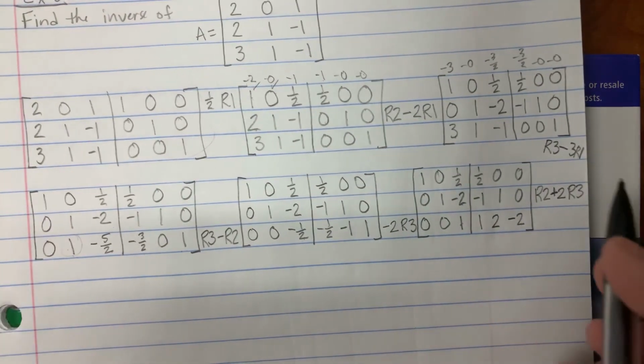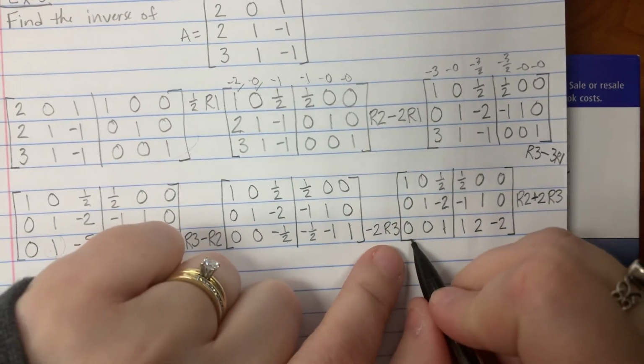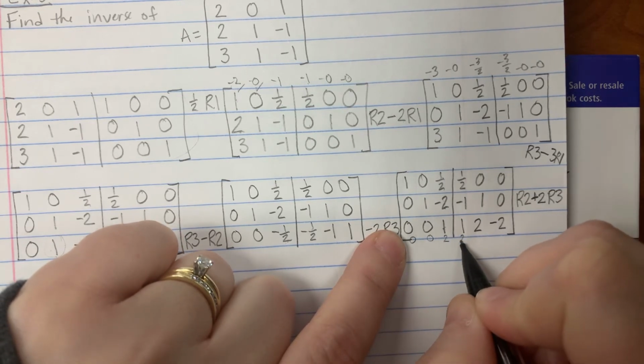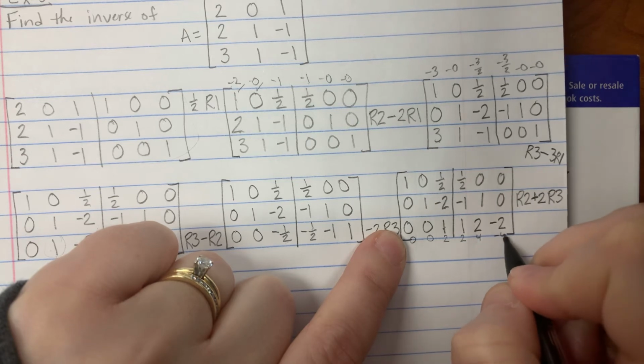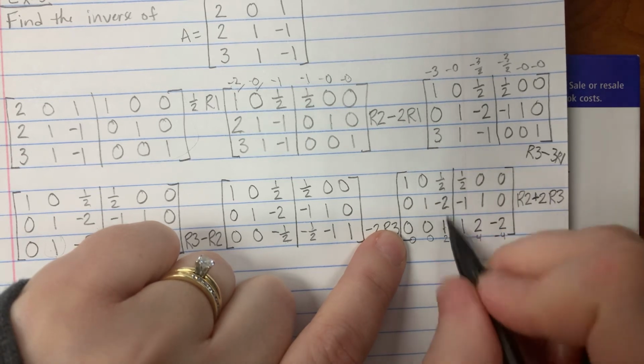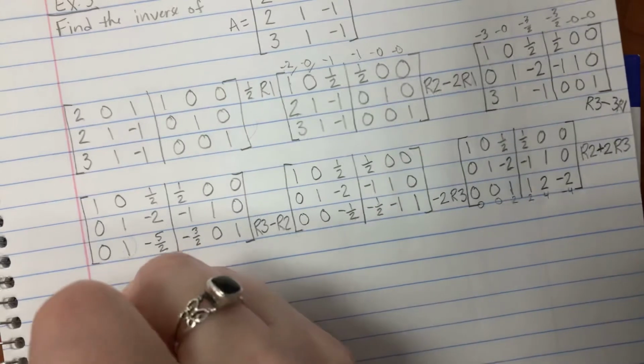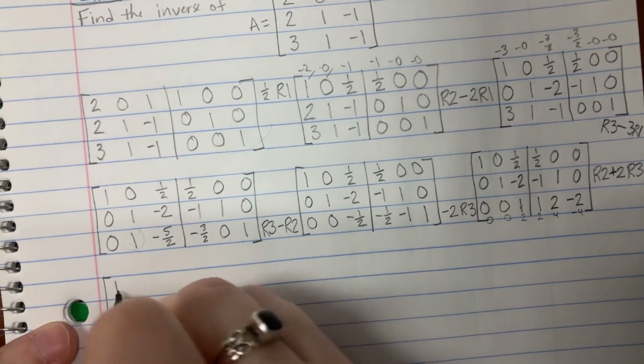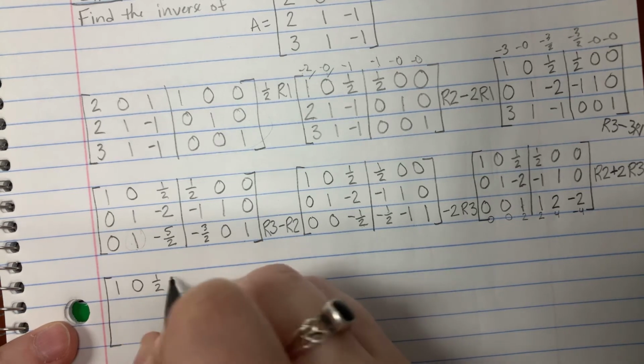And that's what I want that to be. Okay, so let me take 2 times row 3 right here. So 2 times that is 0, 2 times that is 0, 2 times that is 2, 2, 4, and negative 4. And I'm just going to add these values together. Okay, so again, let me help out a little bit by just going ahead and writing in that top row because it's already done.